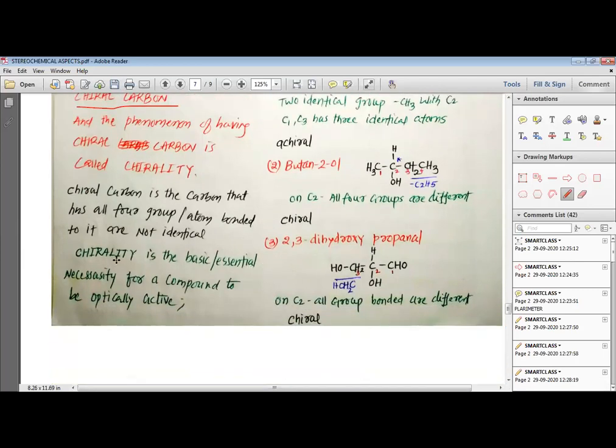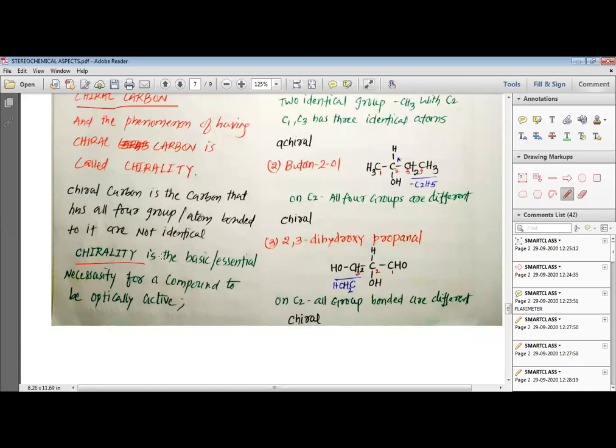Chirality is the basic essential necessity for a compound to be optically active. If you want the compound to rotate the plane of polarized light, the compound must have a chiral carbon, or it should be a chiral compound.